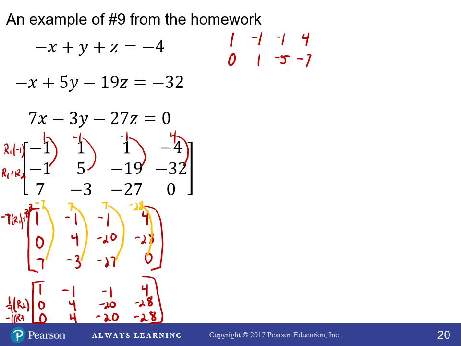So row 3 times a -1, and then add it to my row 2. So let's do that. If I go through and multiply this by a -1, this is just going to change the signs. So that gives me a negative there, a positive there, and a positive there. And look what happens to each of those. 0, 0, 0. Huh, that's interesting.